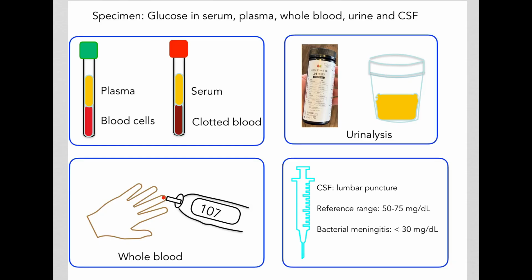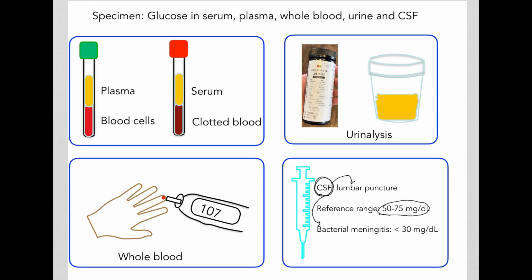Glucose is also sometimes analyzed in cerebrospinal fluid, which is collected by lumbar puncture. You can see the reference range of glucose in the CSF is less than that in blood. The main use of CSF glucose is for bacterial meningitis.